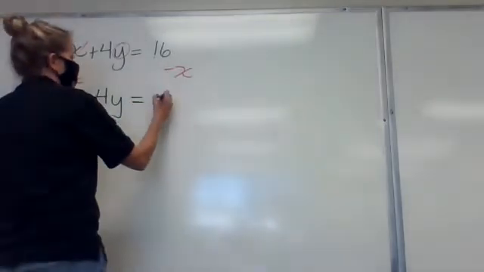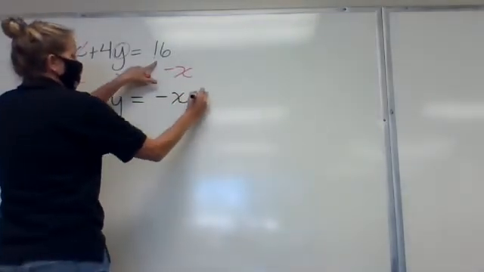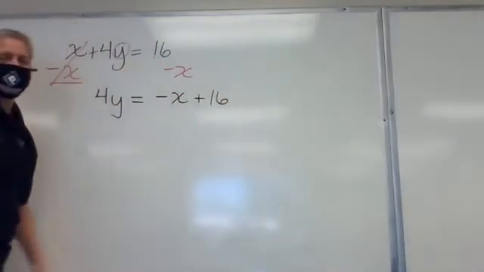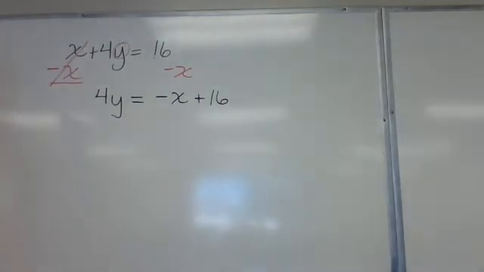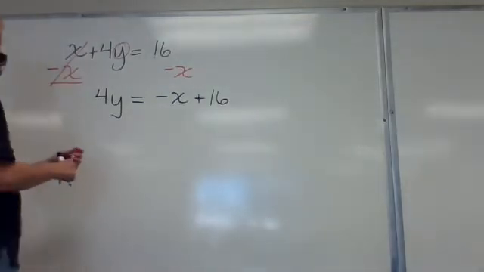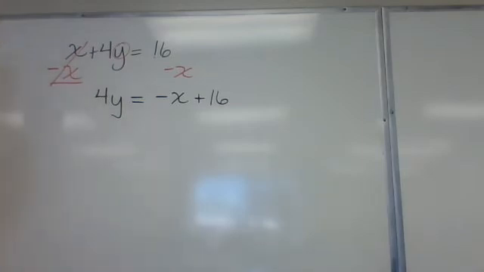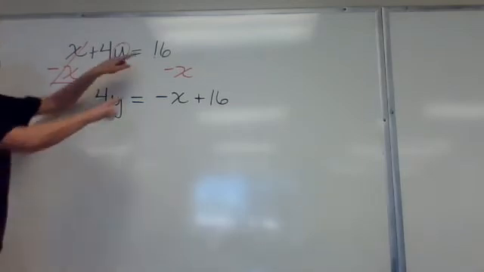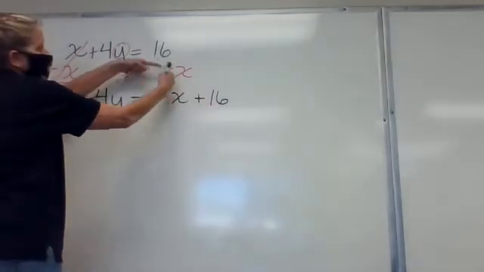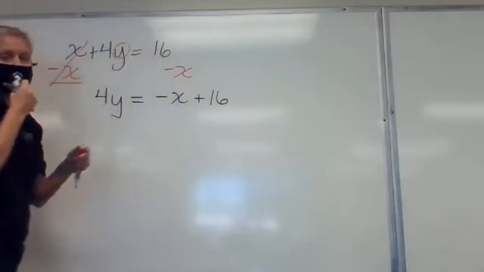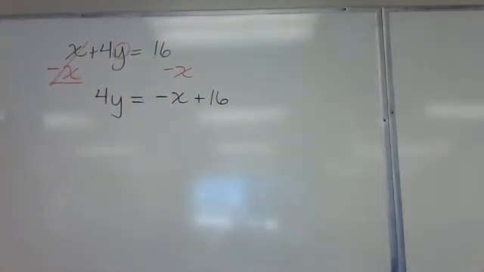I'm going to put the negative x up front plus 16. But you can put 16 minus x. These two things just have to come down because they can't go together. They're not like terms. So now, to get y by itself, what do I need to divide by?